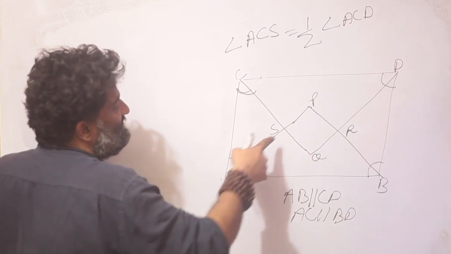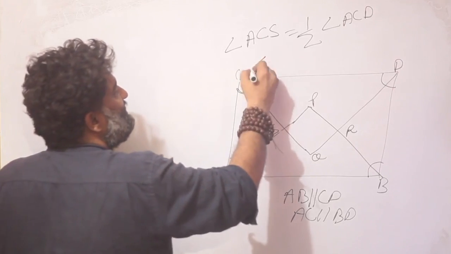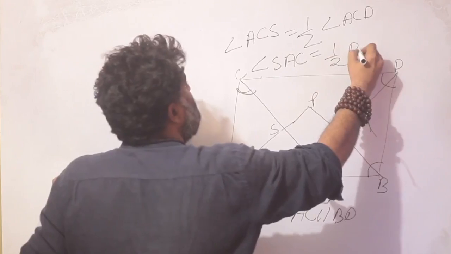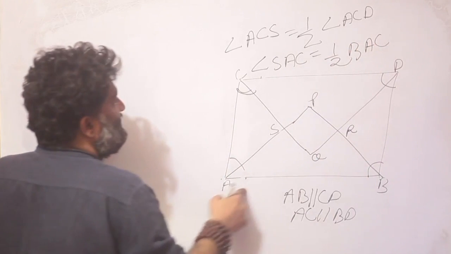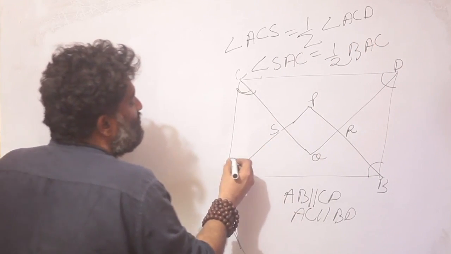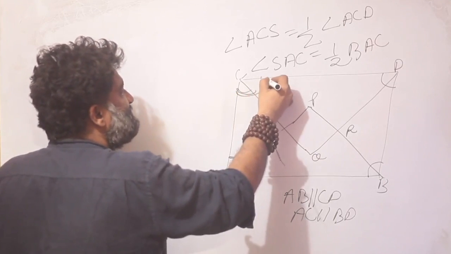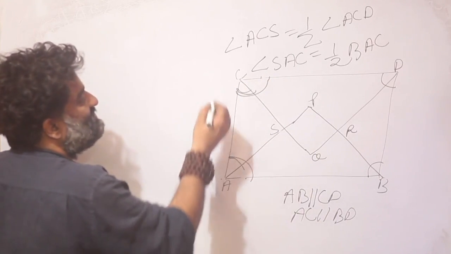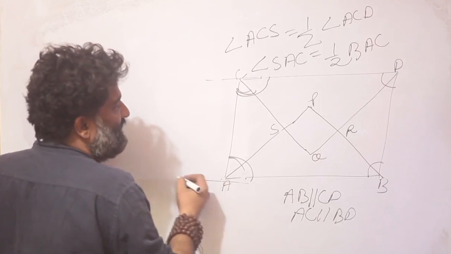Similarly, angle SAC is equal to half of angle BAC. Not only that, I know this big angle and this big angle, angle A and angle C, add up to 180 degrees. Why? Because think of two parallel lines.